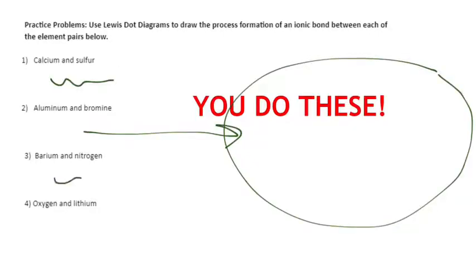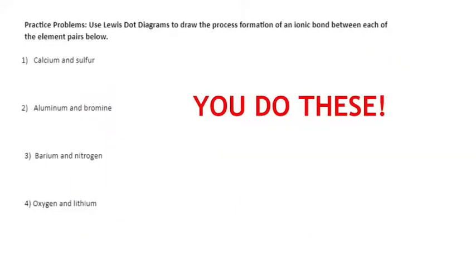Most of these others you can fit in this space, but the aluminum bromide, it's number 3. Barium and nitrogen, that's going to be pretty big and kind of bulky, so you might choose to do it over in that space and write that formula, see how many of each thing you're going to need ahead of time so you don't doubt yourself. But I hope that's not too bad.